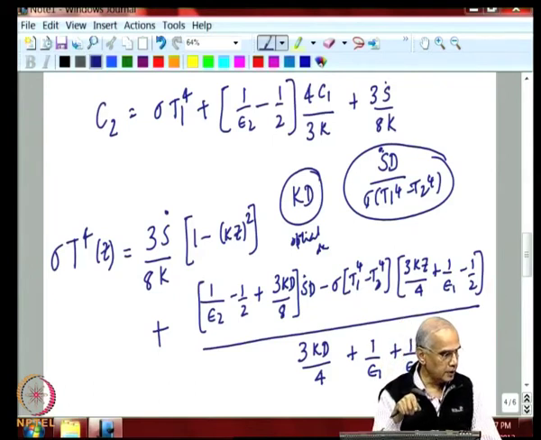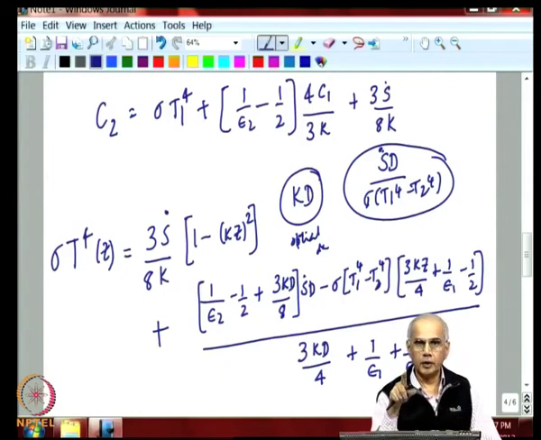So, this result gives us a lot of insight about the two important non-dimensional parameters in this case.